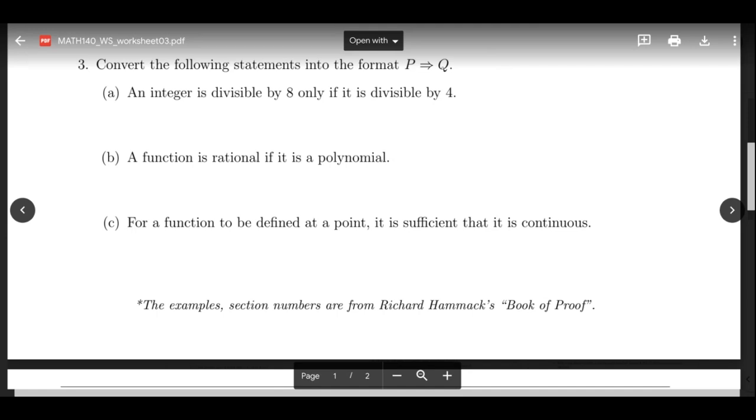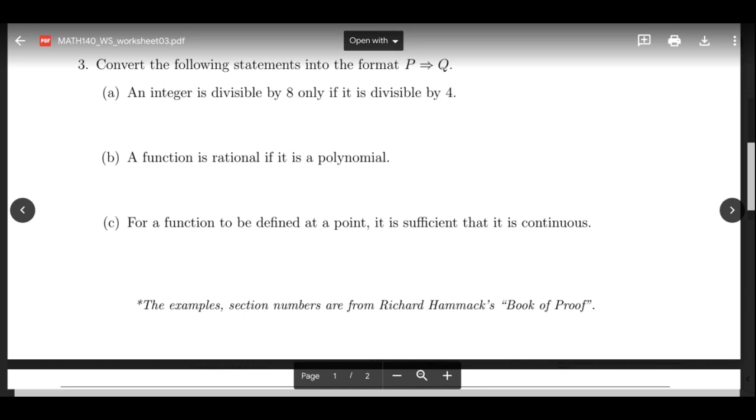All you have to do is switch your P and Q, right? Because if it's divisible by 4, we want divisible by 4 to be P. And by the way you are writing it, integer divisible by 8 will be Q, right? Divisible by 4 will be P, because the sentence is saying if it's divisible by 4, then it's divisible by 8.